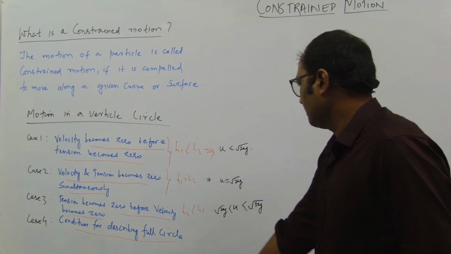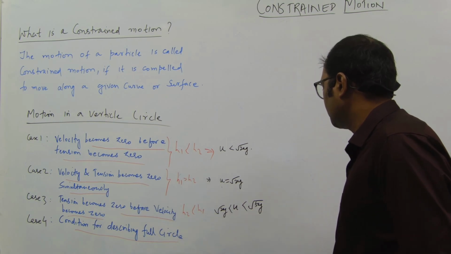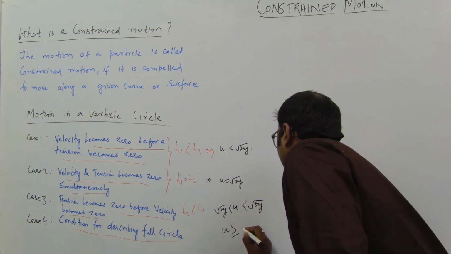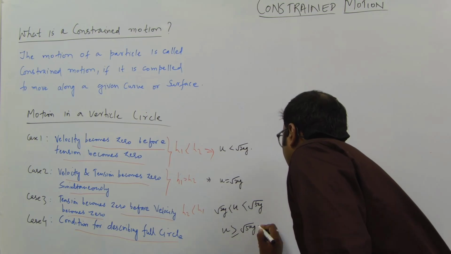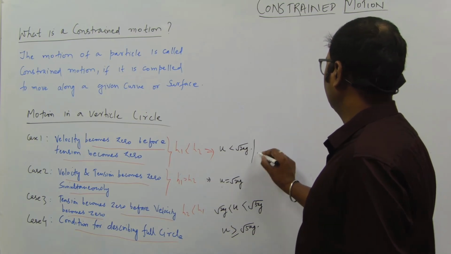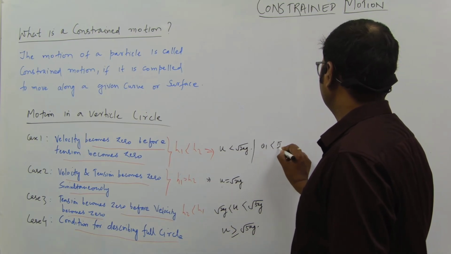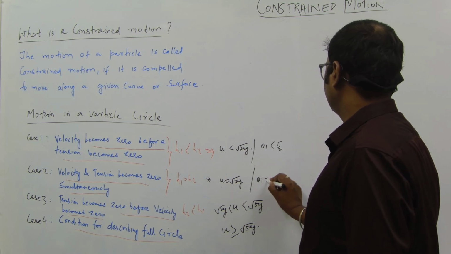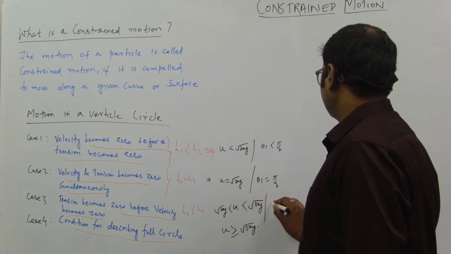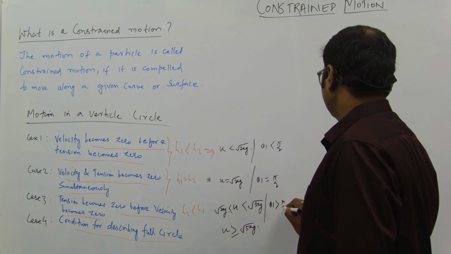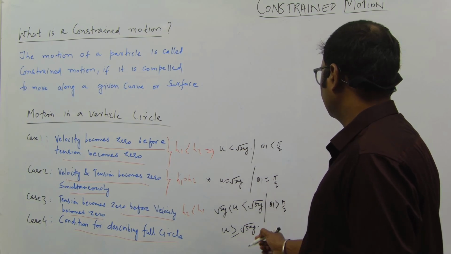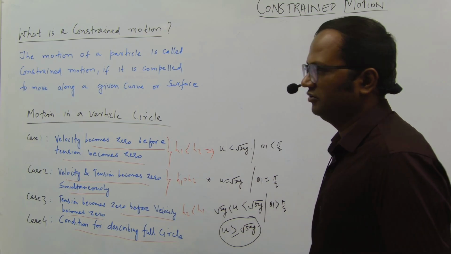And the condition for describing the full circle is u greater than or equal to root under 5ag. Here theta 1 is less than pi by 2, here theta 1 is equal to pi by 2, and here theta 1 is greater than pi by 2.